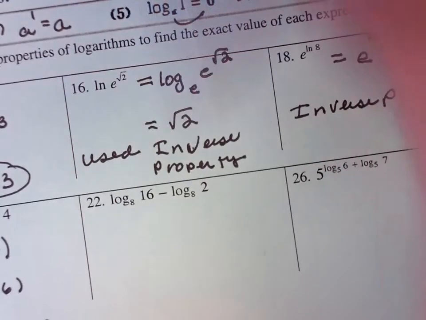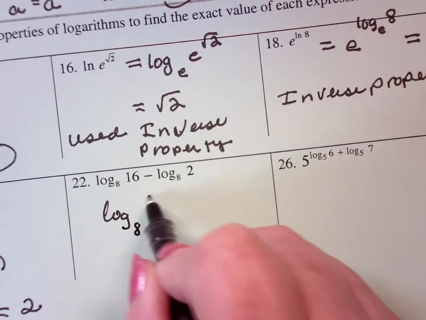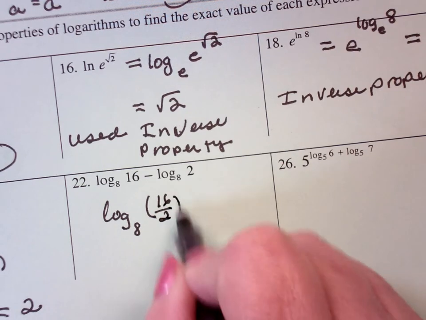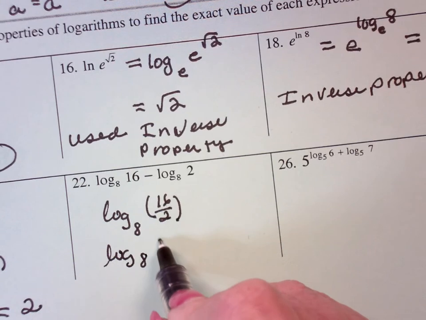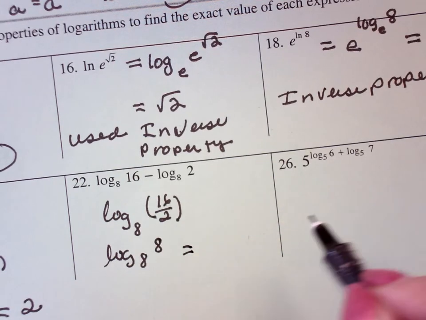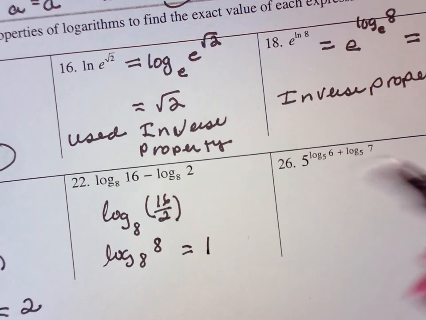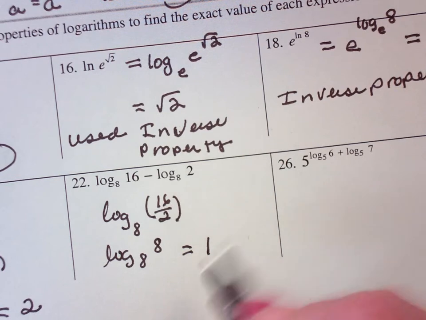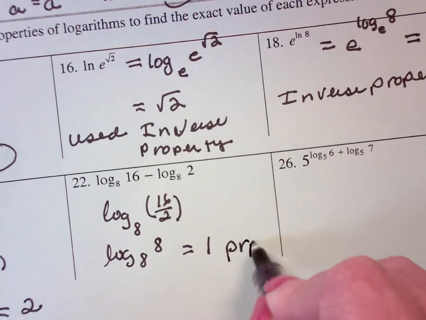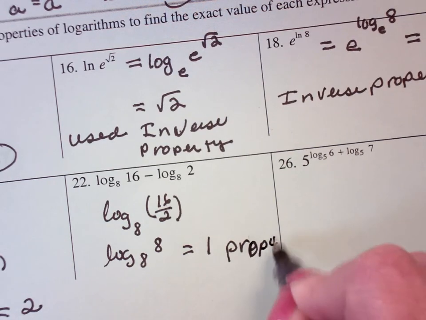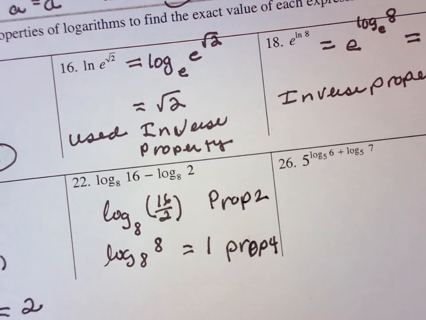So this becomes the log base 8 of 16 divided by 2, which is log base 8 of 8, and log base 8 of 8 is 1. And that would be property 4. So this is property 4 in my list. This is property 2 in my list.